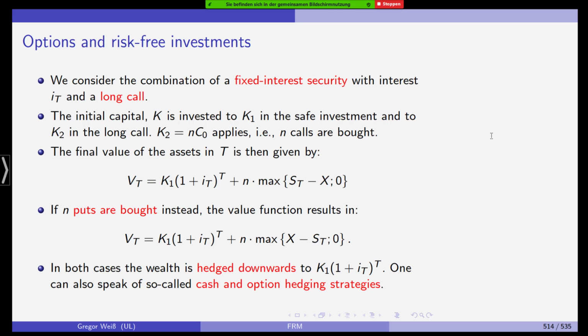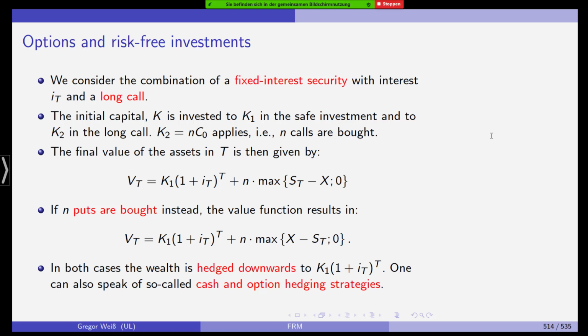And K2 means N times C0, that is, we buy N calls. And the final value of the assets in capital T is, of course, given by K1, the investment at the risk-free rate, compounded using I, the interest rate, plus N times the payoff from the long call.